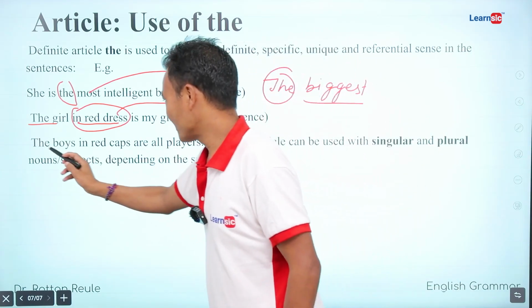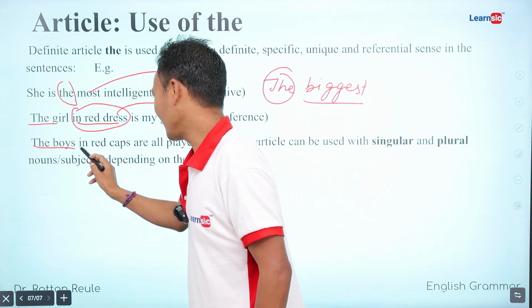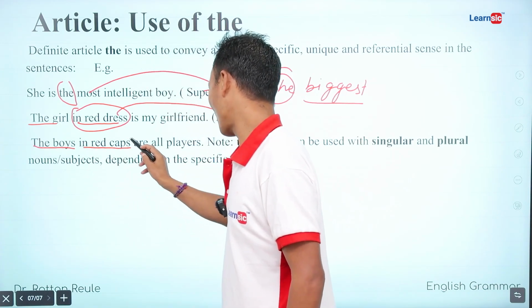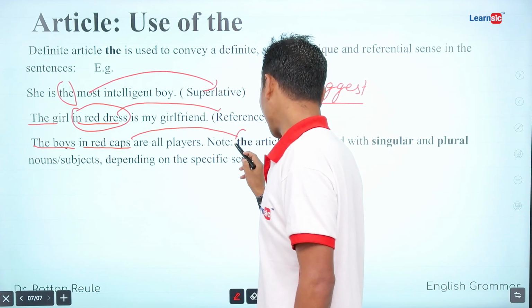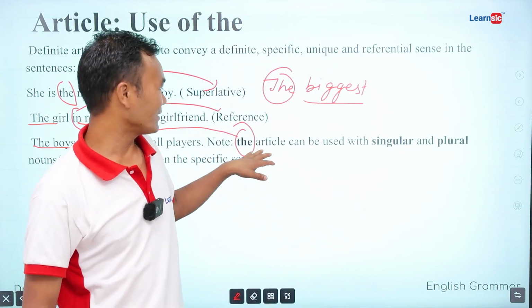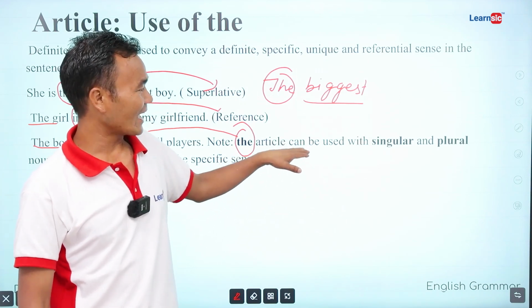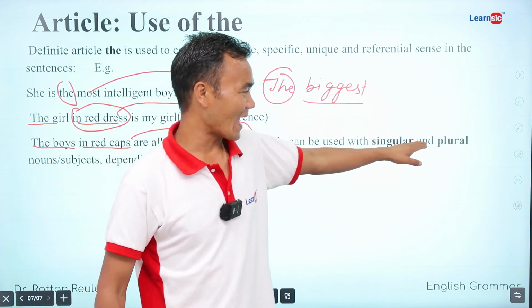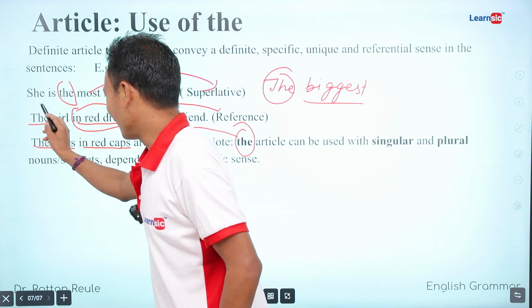And the same with the boys in red caps are all players. So that's why we are using the article. And note down this wonderful thing: the article can be used with singular and plural. Here is the example.